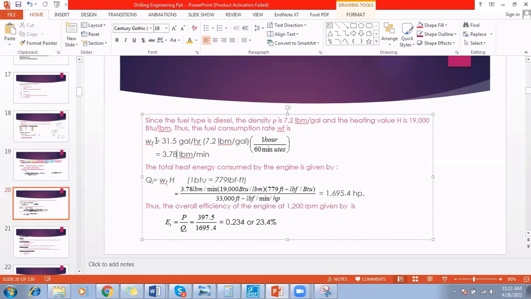So undeliberately I mentioned this thing wrong, so can you correct this? Yes, sir. You just need to multiply these two factors and divide this with 60, then you will get 3.78. Okay.